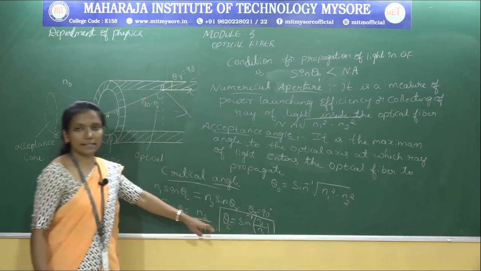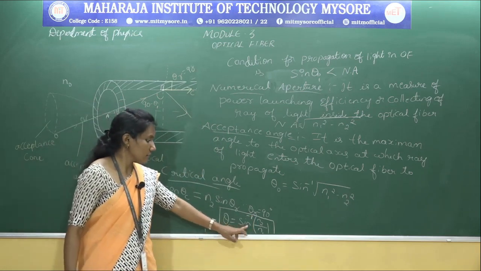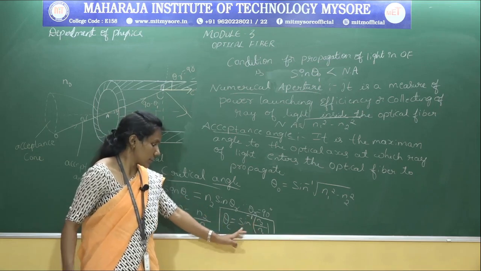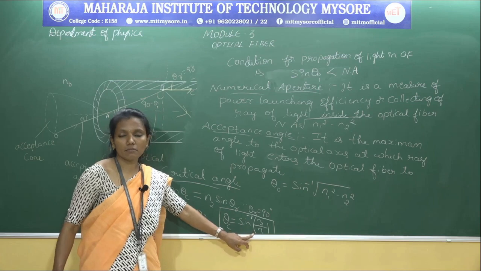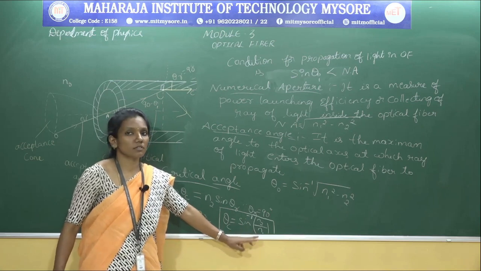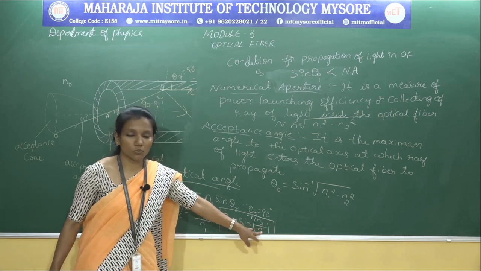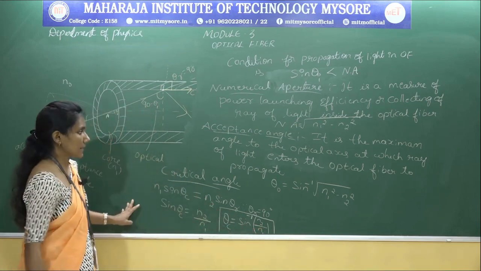The critical angle is nothing but sin inverse of the ratio of the refractive index of the cladding to the core. So, this is the critical angle.